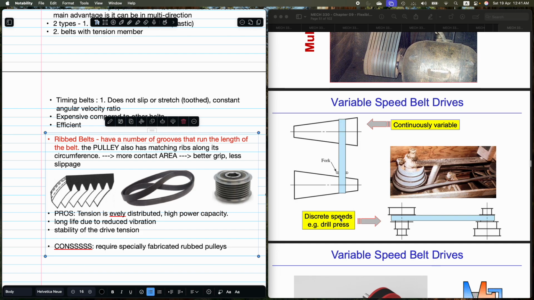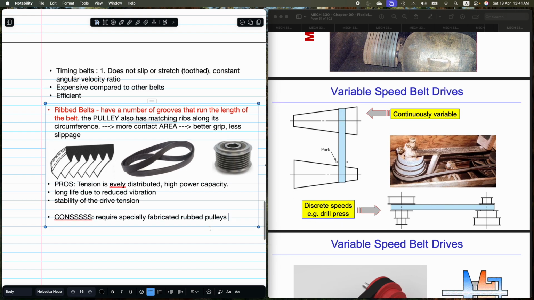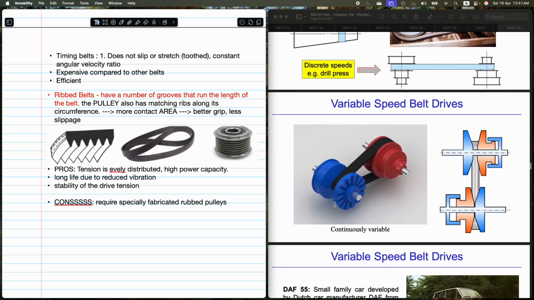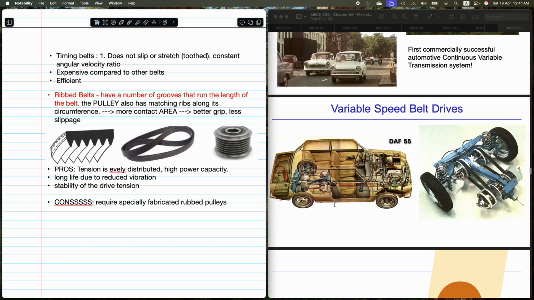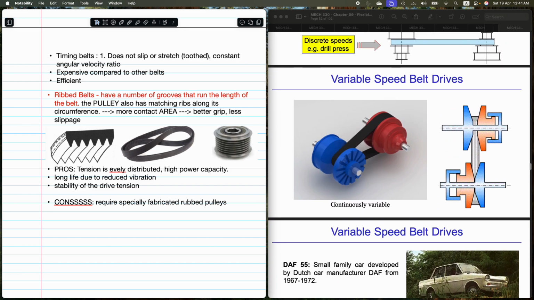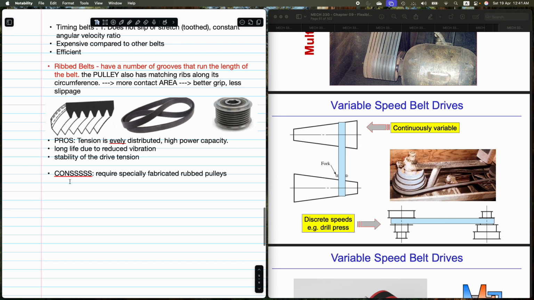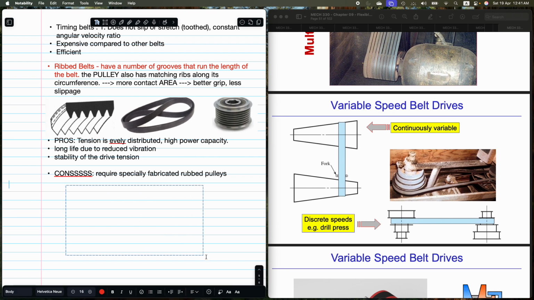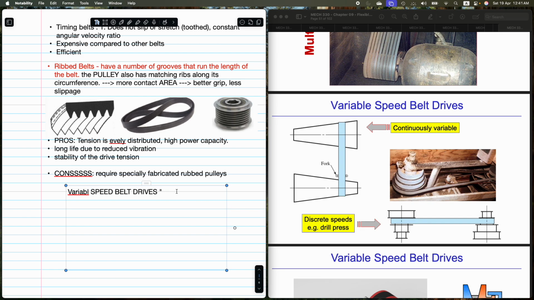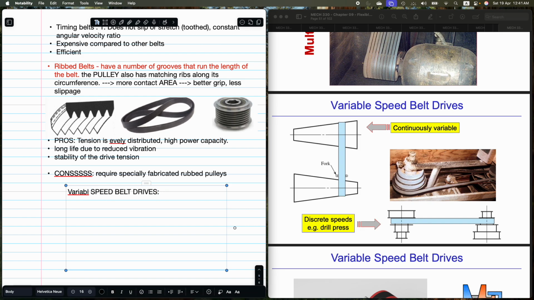If that's the case, so decrease speed, drill press. So let's add a column here: variable speed belt drives. They are continuously variable.